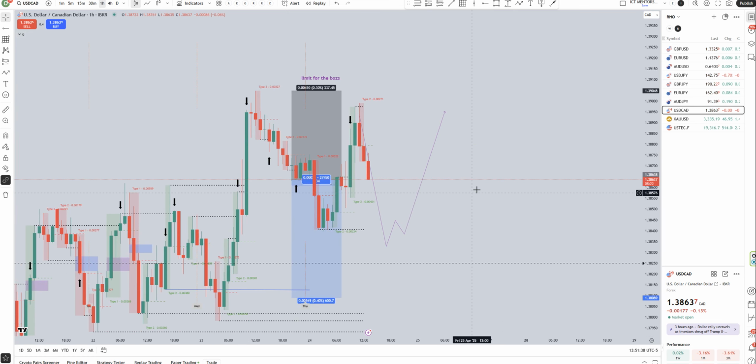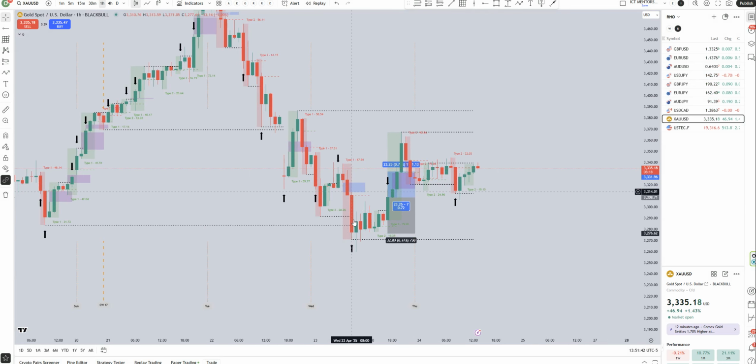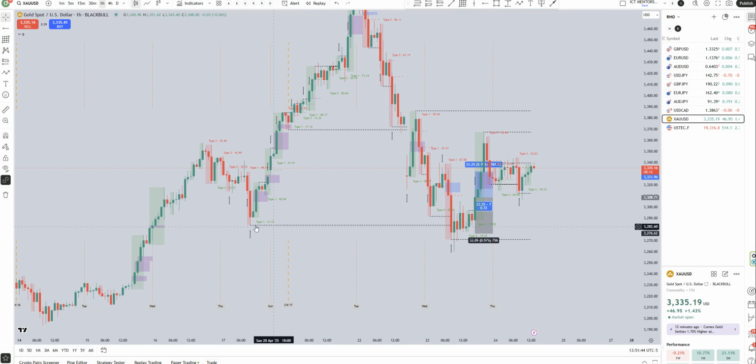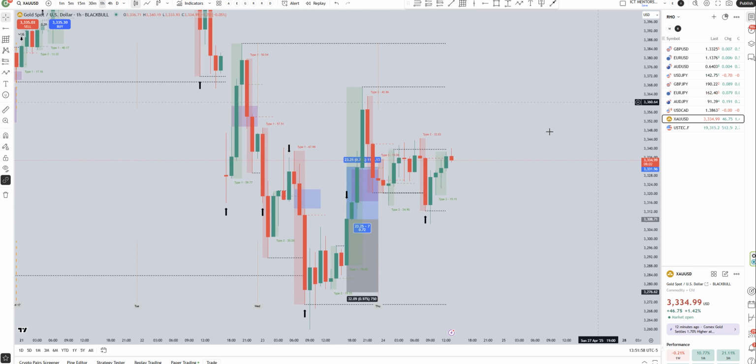But this is not good. This is not good. Gold. Type 1. This CSD buy. Get out here. Done. 25. Done. You could go more. Type 1 with CSD. So we are inside this type 1 actually now, but I don't like this.